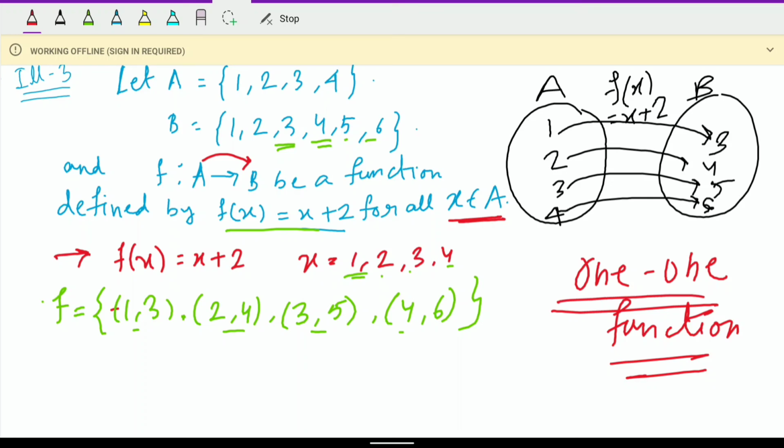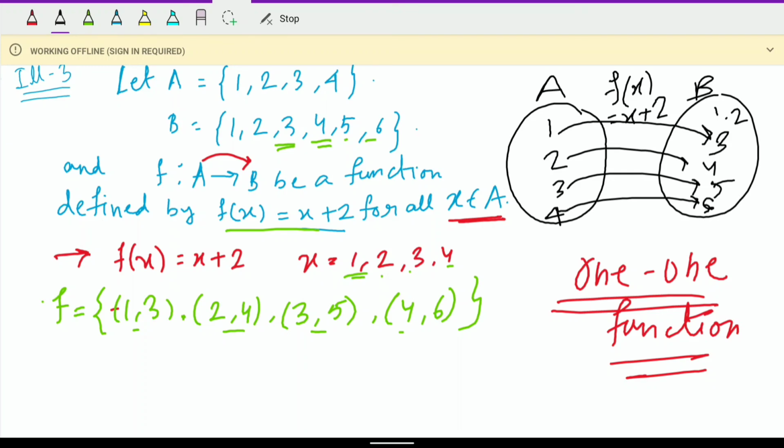Okay, and the other elements already exist, that is 1 comma 2. So these are 1-1 elements. I hope now you are getting my point of what exactly a 1-1 function is, and I have already illustrated it via 3 examples.